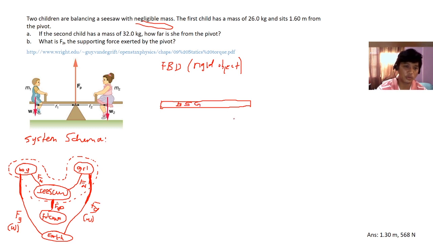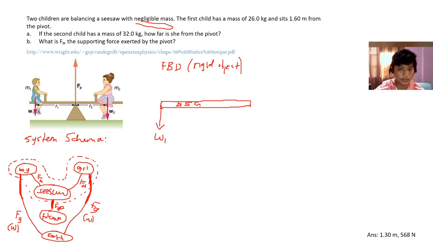And we're looking at the forces acting on that system, in particular the external forces. So we go back to our system schema and we find that there are three external forces acting on our system. And we have to be very specific about where these forces are acting on our system. We know that the weight of the boy is acting to the left of our rigid extended object, and it's actually called weight 1 or FG1.